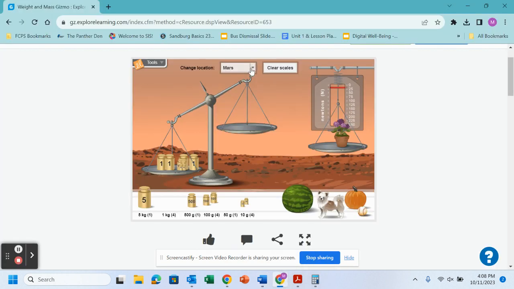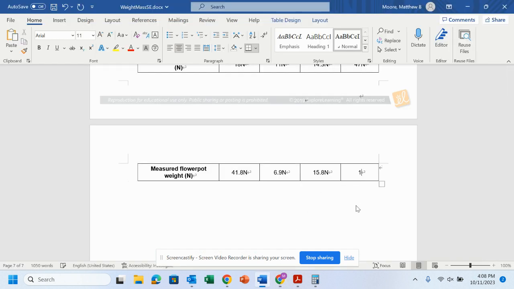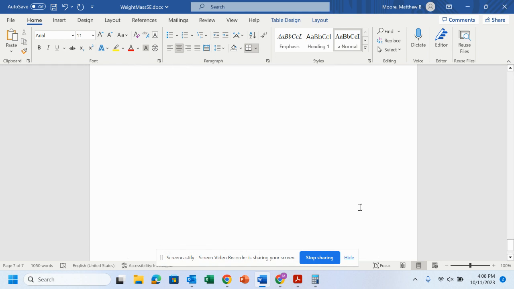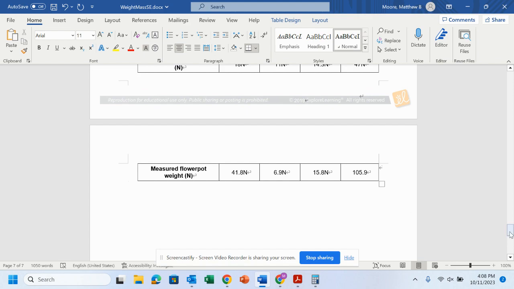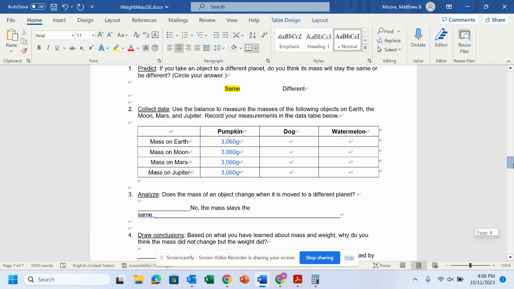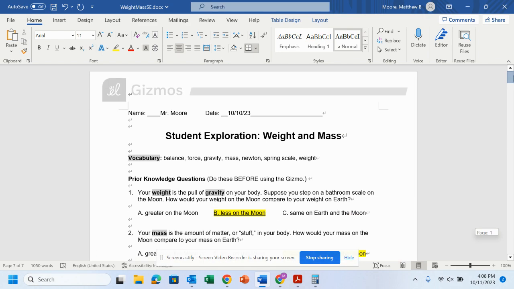And on Jupiter, 105.9. Okay, so I was slightly off, but I was mostly just making my predictions. So that's the point of science. You're supposed to make predictions and then do the actual tests and the actual measurements and find out what the real answer is.